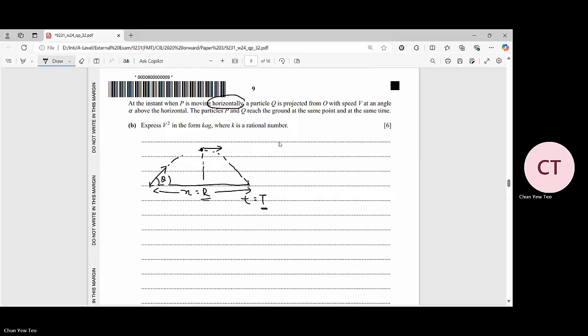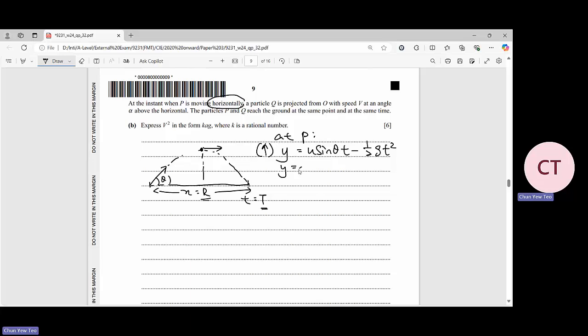So at P, the vertical component is y equals u sine theta t minus a half g t square.